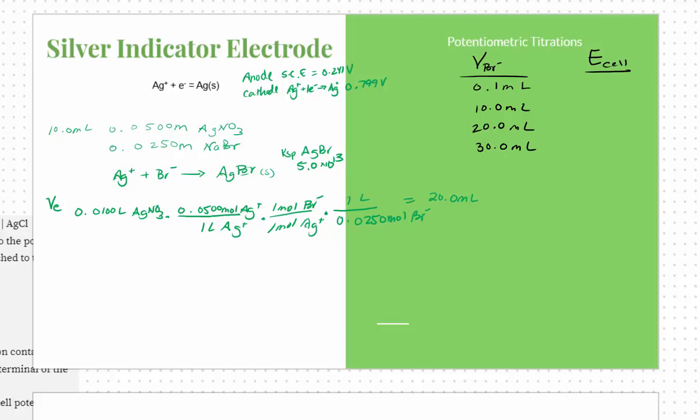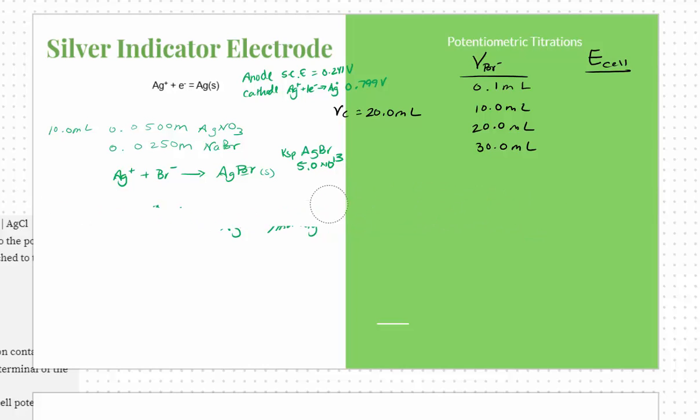So the VE is 20 milliliters. So we're going to handle our calculations before the equivalence point, at the equivalence point, and after the equivalence point a little bit differently. But the potential of the cell is going to be dependent on our standard Nernstian kind of equation.